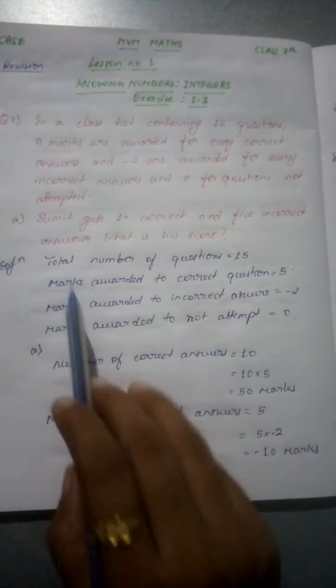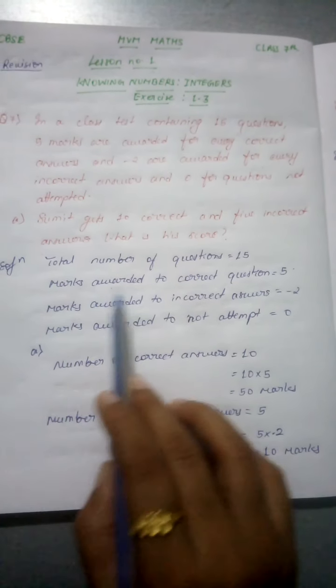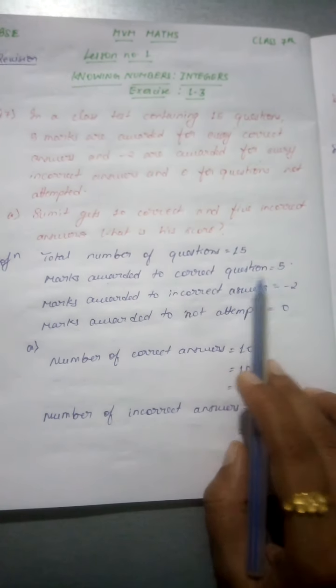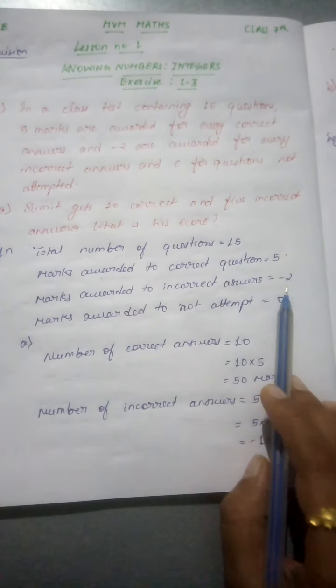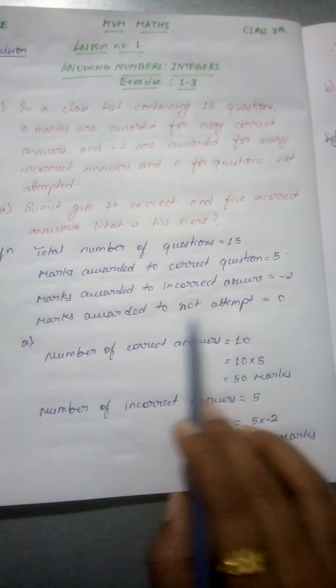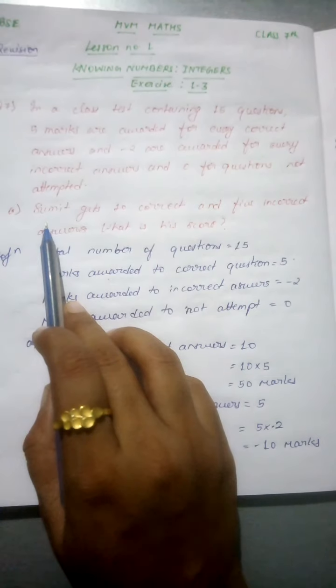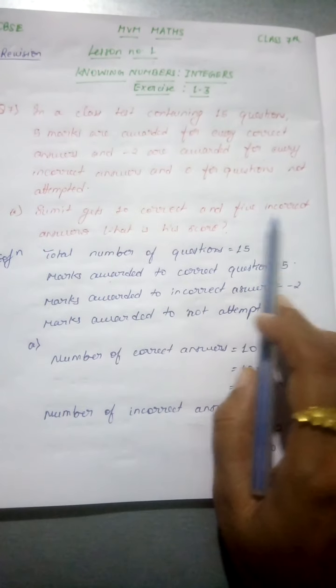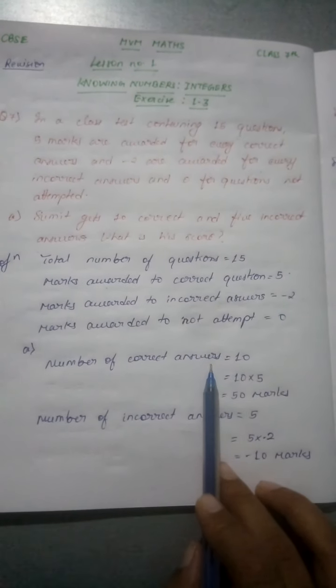The total number of questions is 15. Marks awarded for correct answers are 5, marks awarded for incorrect answers are -2, and marks awarded for not attempted are 0. In question A, Sumit gets 10 correct and 5 incorrect answers.